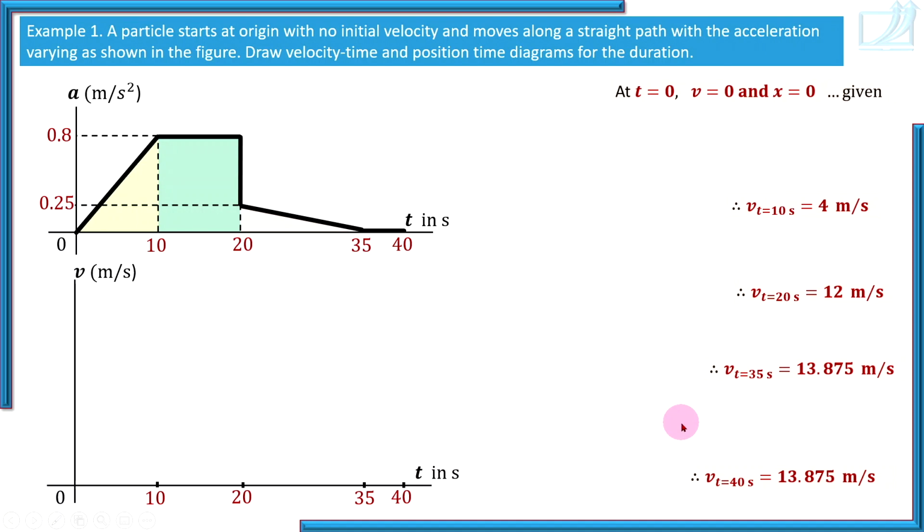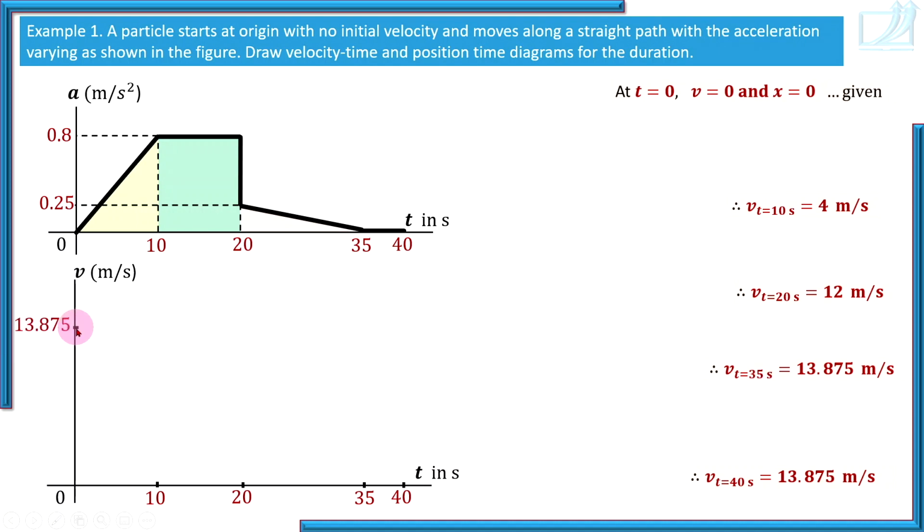So don't draw a to-scale diagram unless it is asked. Okay, it's not necessary to draw to scale, but take care of proportion. In the sense, if you mark 4 meters per second somewhere at this level, watch here, then 8 meters per second must be double of that. It's better to draw or to mark the highest value of velocity first.